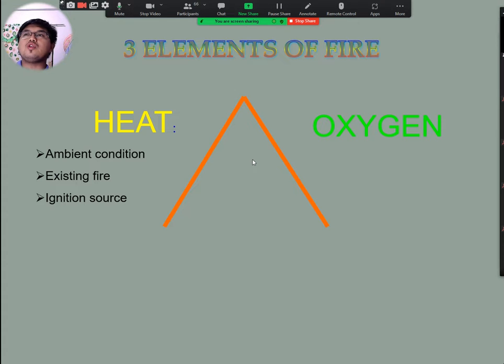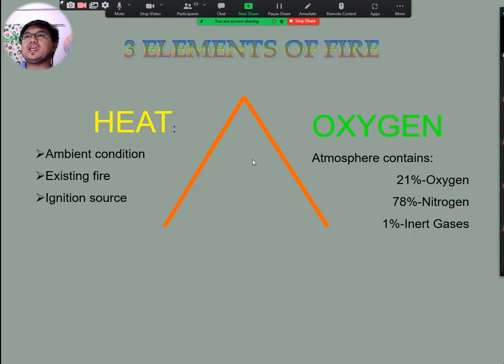On the other side, you have the oxygen, the air. Percentage-wise, air is actually 78% nitrogen, 21% oxygen, and 1% inert gases. And on the other side, you have the fuel. Fuel could be liquid or solid, gas or liquefied petroleum gas. Those are the elements of fire that we are talking about.